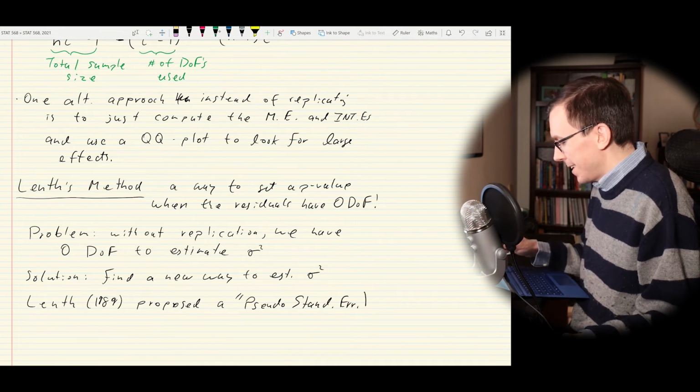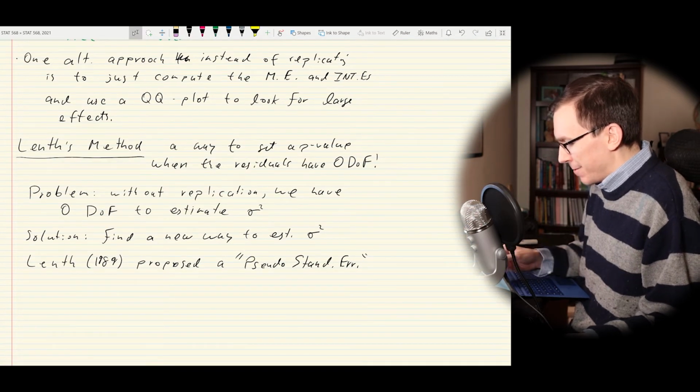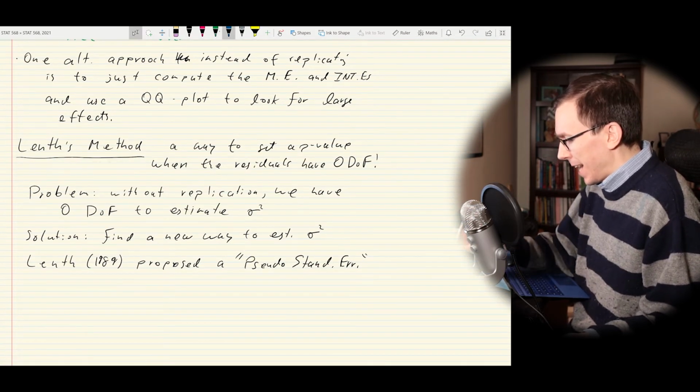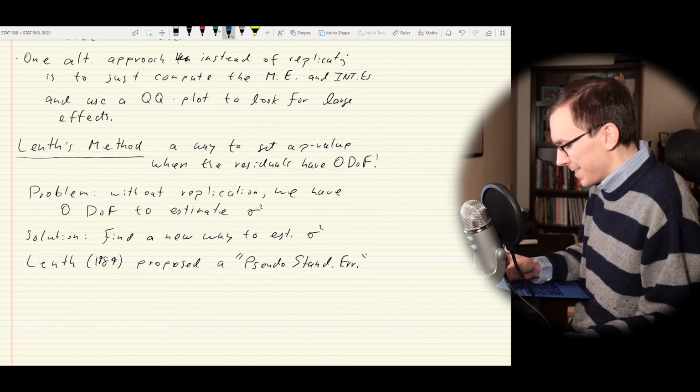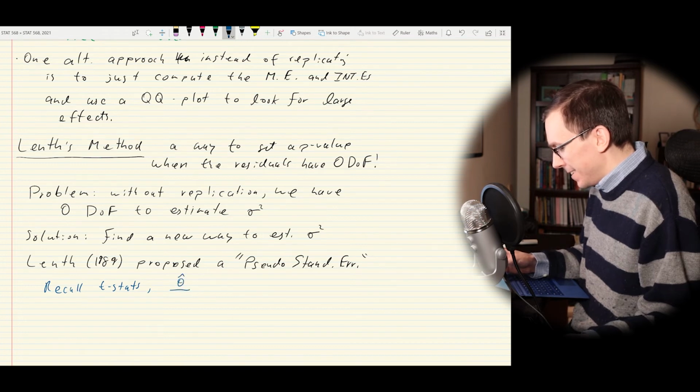So we know about the standard error in statistics because we would normally have our usual t-test. Recall t-statistics, which are going to look something like an estimate, we'll call it theta hat, divided by the standard error for theta hat.